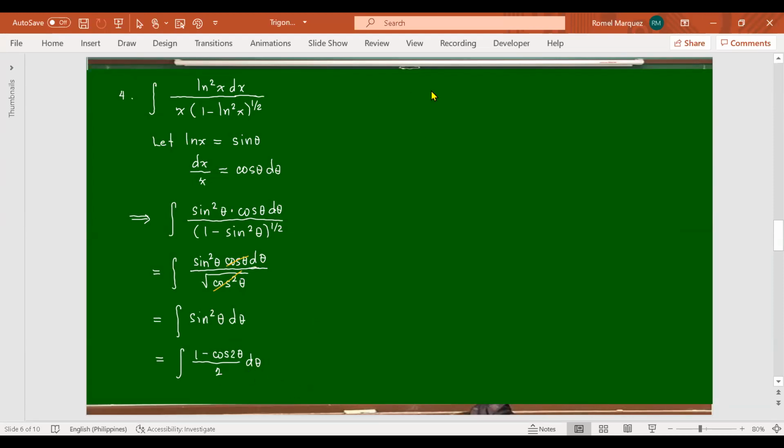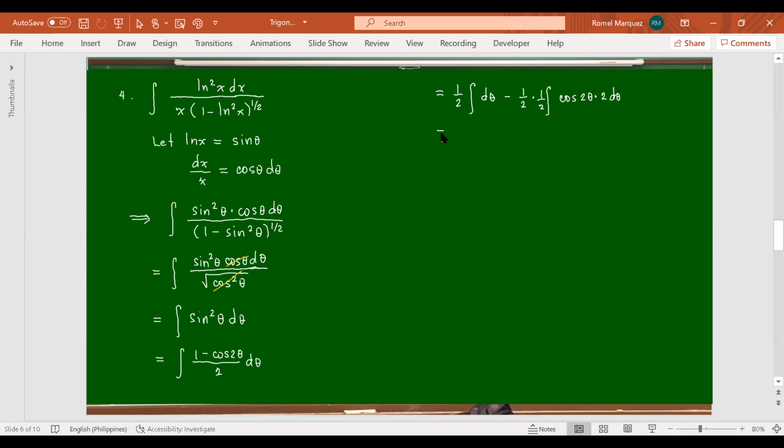So here, I can put the 1/2 out. 1/2 integral of, for the first, we have the integral of d theta. Second integral is 1/2 integral of cosine 2 theta d theta. I'm going to put here 2 balanced by 1/2 so that this is cosine u du.